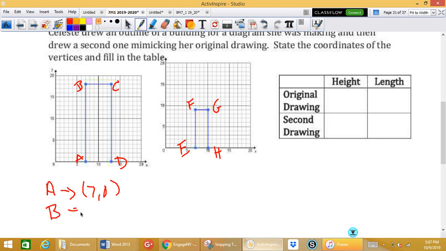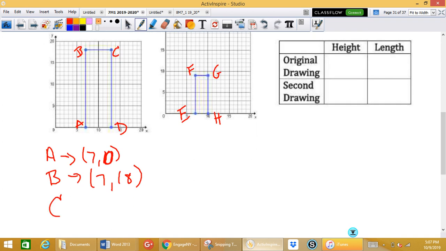B is over 7 up 18. C is over 13 up 18. And D is over 13 up 0.